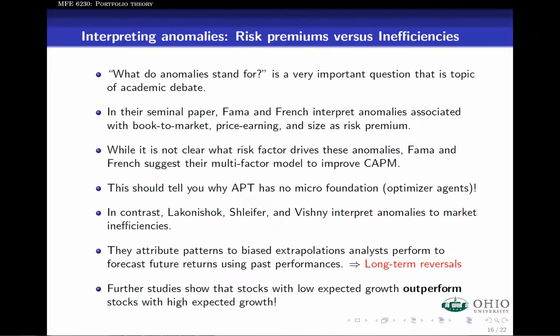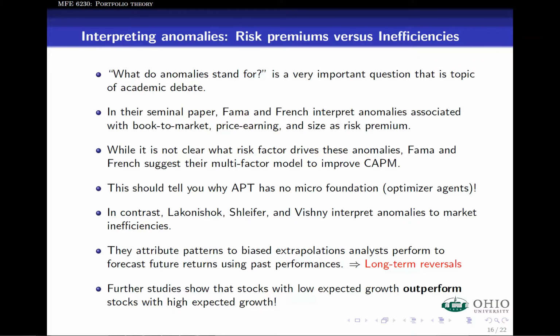But the other school is basically the openers of the gates of behavioral finance. They say, well, these are market inefficiencies. There are certain reasons why markets could be inefficient. So they basically, for example, say, well, what you see with post-announcement drift could be that these analysts are overly optimistic about their forecasts.